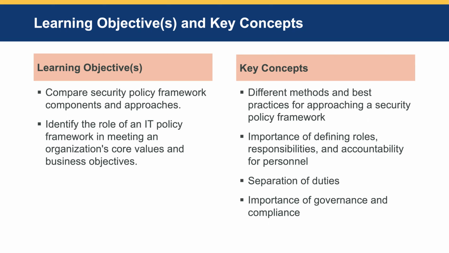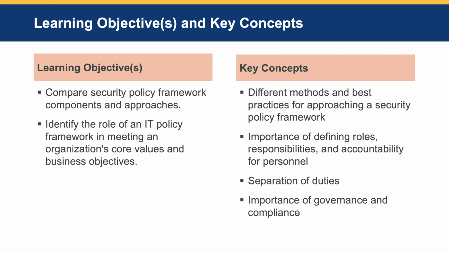Now, there are some different concepts that we also need to consider. We'll need to keep in mind different methods and best practices and approaches for our security policy framework. We'll also need to take into consideration the importance of being able to define roles and responsibilities and ensure that accountability for personnel is maintained. The framework needs to have a clear separation of duties as well.